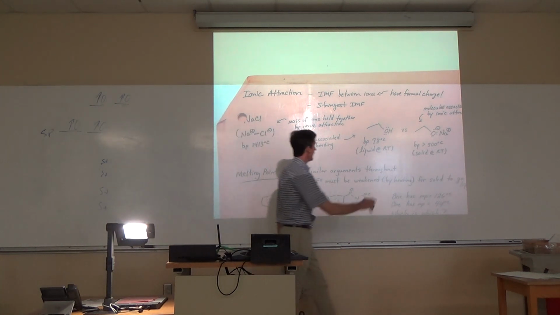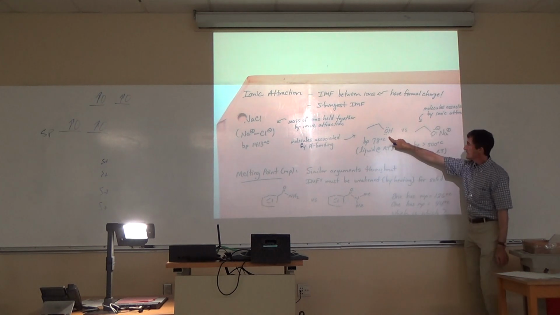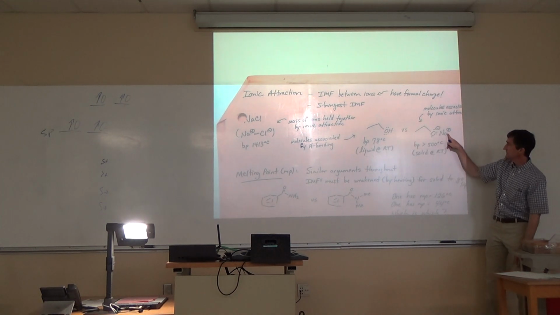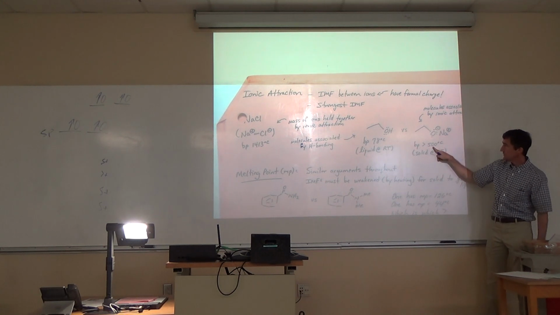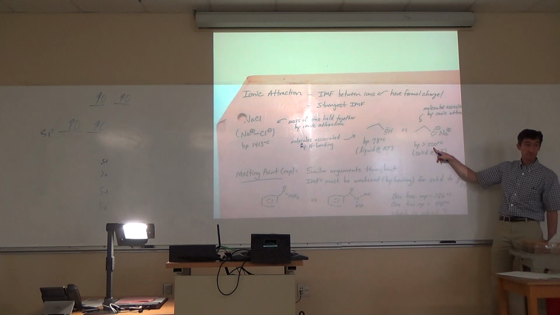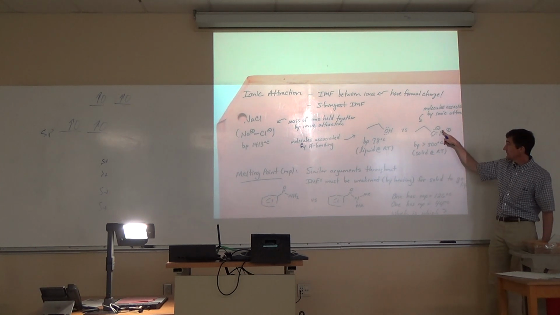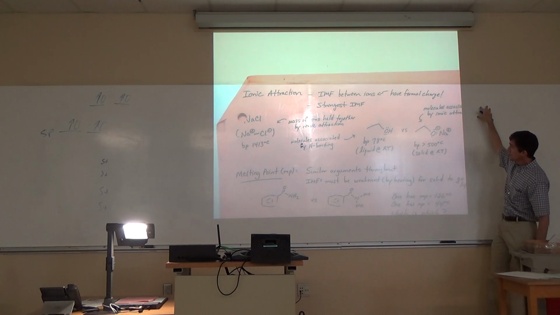For example, ethanol has a boiling point of 78, but if you make this ionic on the end, make the sodium salt, these molecules together have a boiling point of greater than 500 because it's so ionic. And consider another molecule.